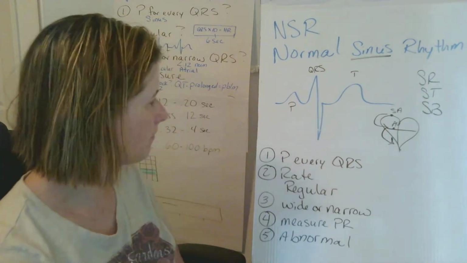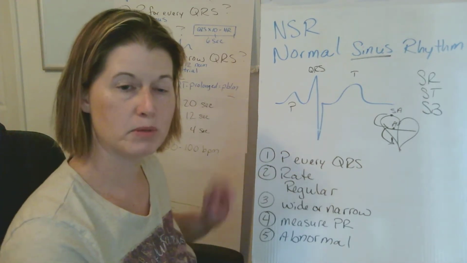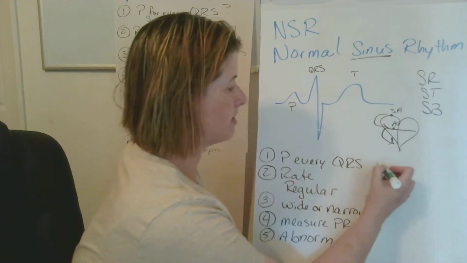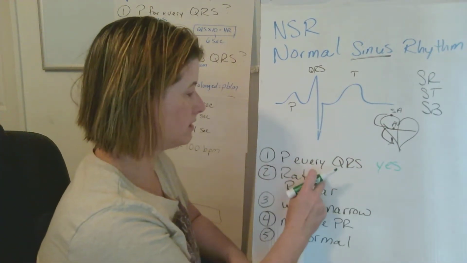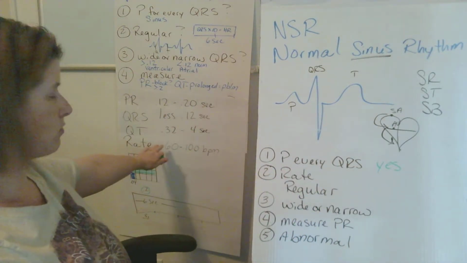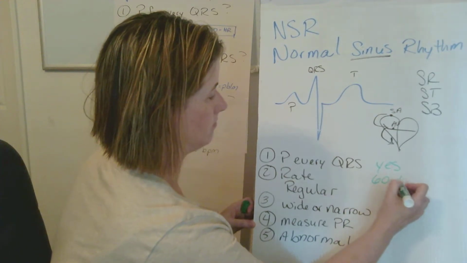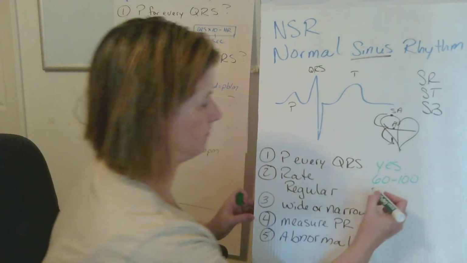Okay? So when we look at sinus rhythm, first we say, is there a P for every QRS? Well, normal sinus rhythm, yes, we have to have a P for every QRS. Then we look at the rate. The rate should be normal, 60 to 100, and it should be regular.